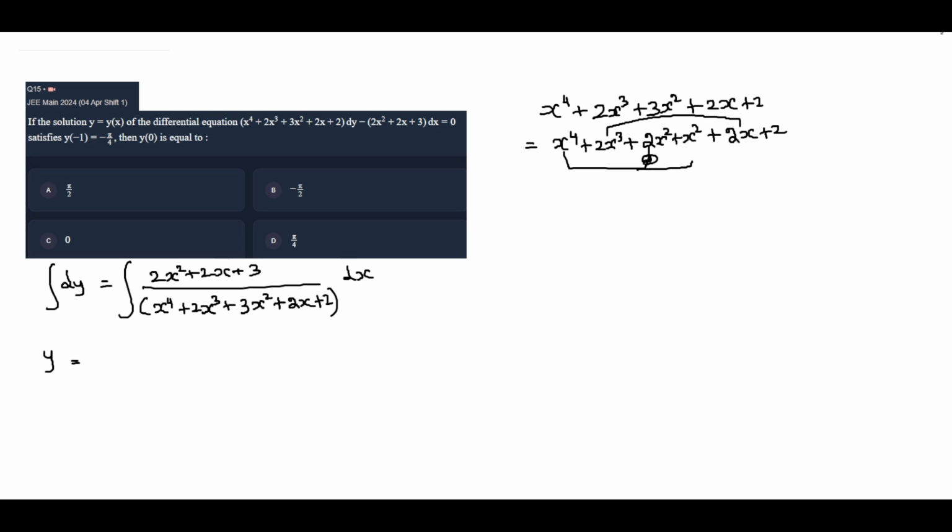Just combine these two, x⁴ and x², so x² is common, x² into (x² + 1). Next term will be 2x², and the term we had, 2x² and 2, take 2 common, you got (x² + 1).